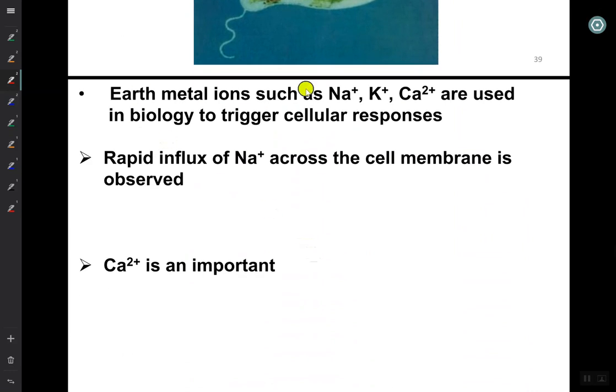Metal ions such as sodium, potassium, and calcium are used in biology to trigger cellular processes. So for example, rapid influx of sodium across the cell membrane is observed in the firing of neurons.